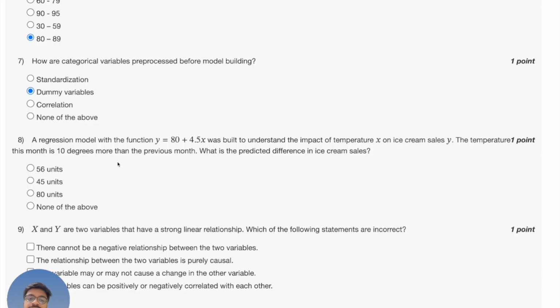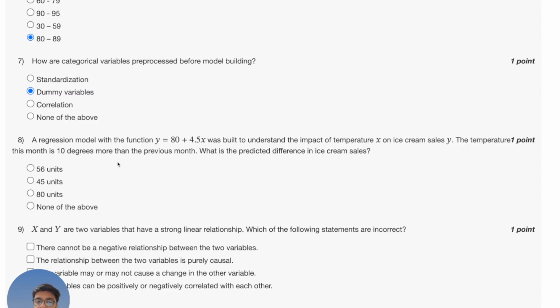Similarly, we need to calculate for two more years and find the difference. So 80 plus 4.5 into 20, because initially in the first year it was 10, then in the second year the degree will increase to 20, so the value of x will be 20. So 80 plus 4.5 into 20 gives 170.